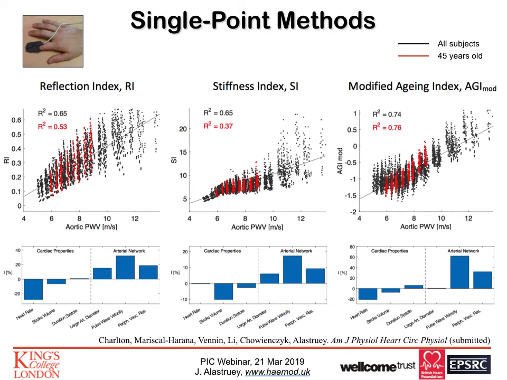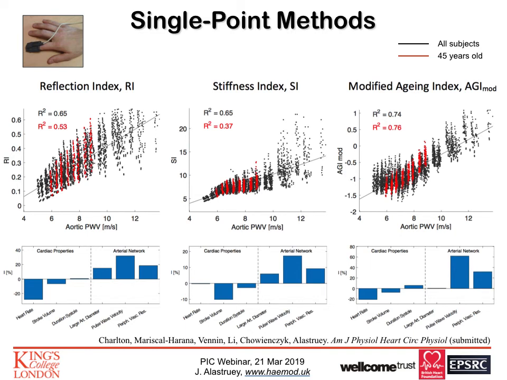aged 45 years old. Using the in-silico database I showed you before, we have assessed the ability of these 3 indices to estimate aortic stiffness by looking at their correlations with reference aortic pulse wave velocity. These are the upper plots.